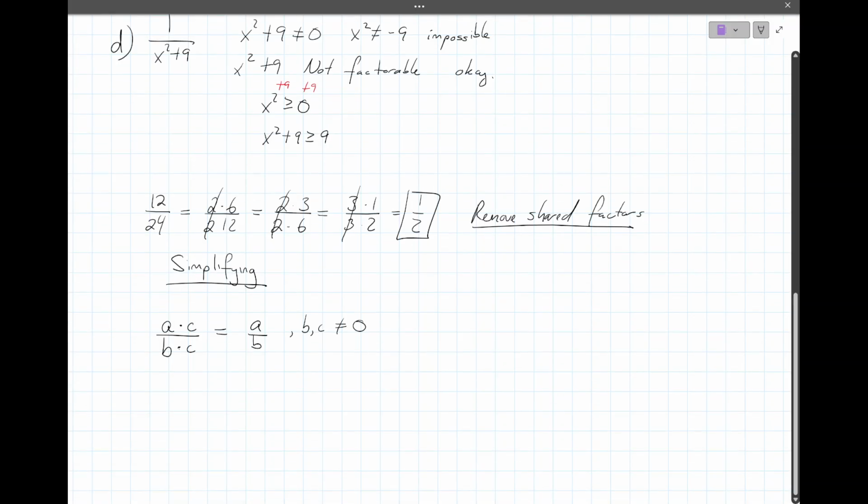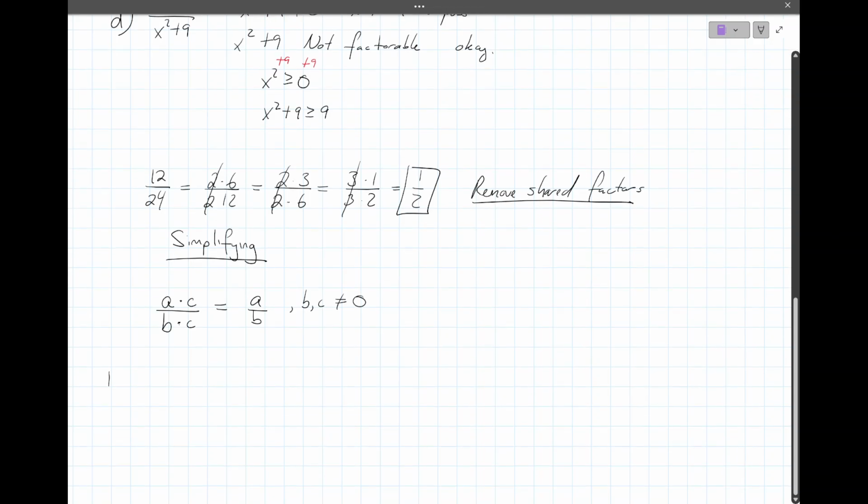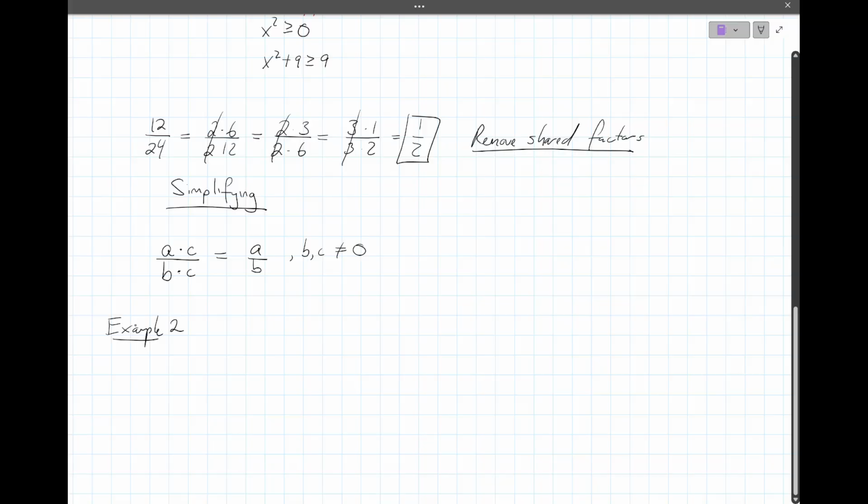So can I do this with rational expressions? Let's look at example 2. Can we do this with rational expressions? Let's try it out. If I have 3x minus 3 over 6x minus 6, well, I have addition and subtraction on here. It doesn't look nice.